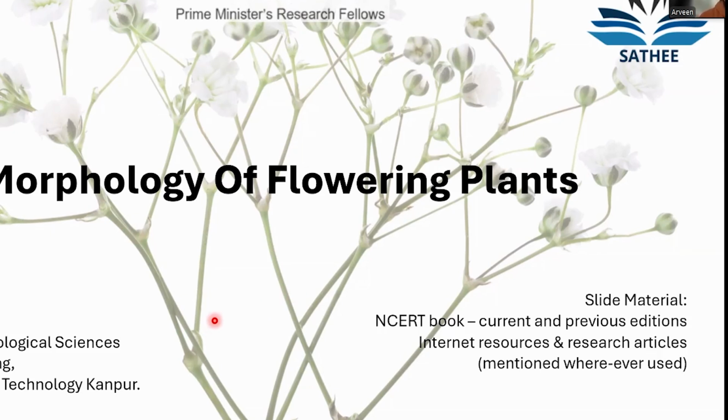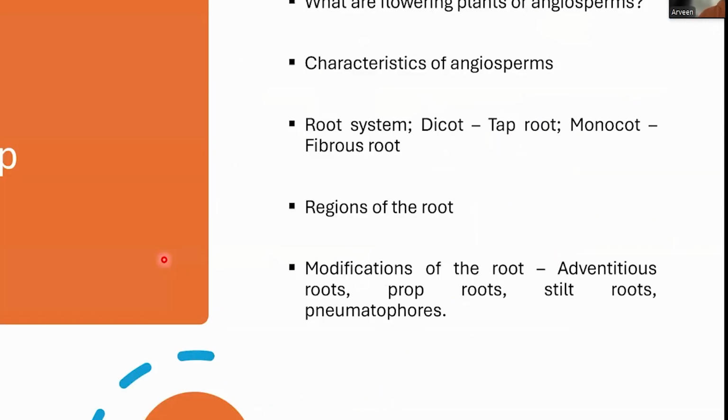We'll briefly go through a recap as to what we have already done with respect to this chapter. This was what we did in lecture 1. This current lecture is actually lecture number 4. In the first lecture, we first briefly talked about the five kingdom classification, where in the five kingdom classification the angiosperms or flowering plants lie, and what exactly flowering plants or angiosperms are.